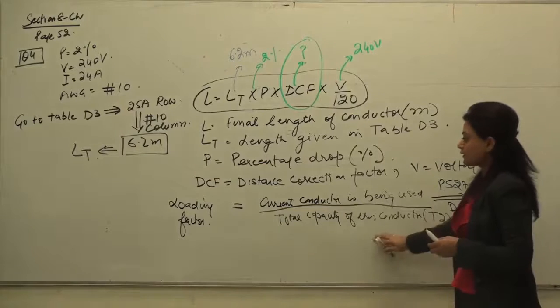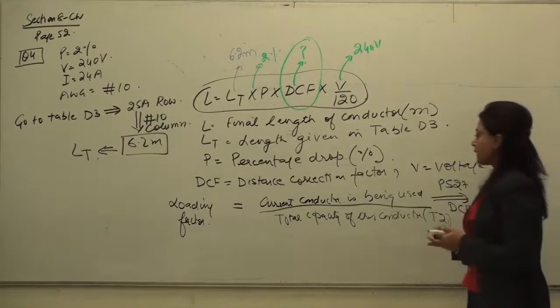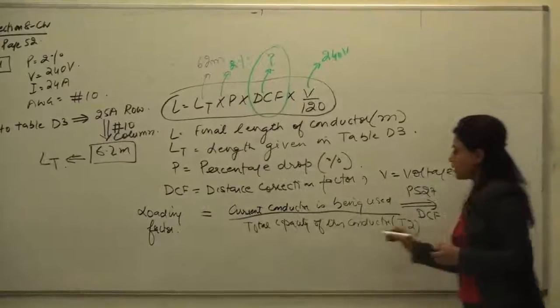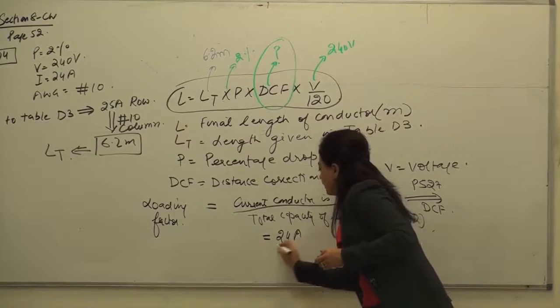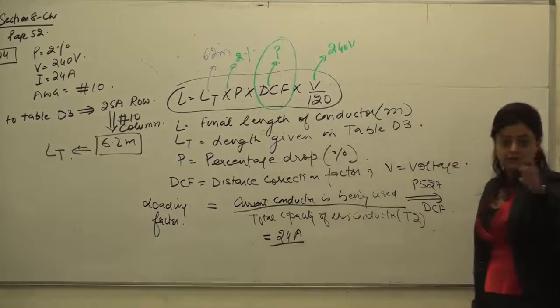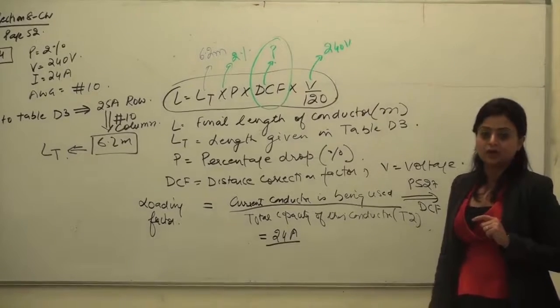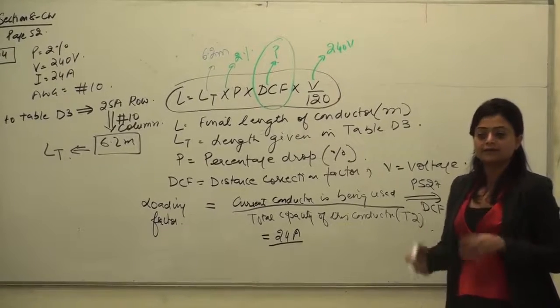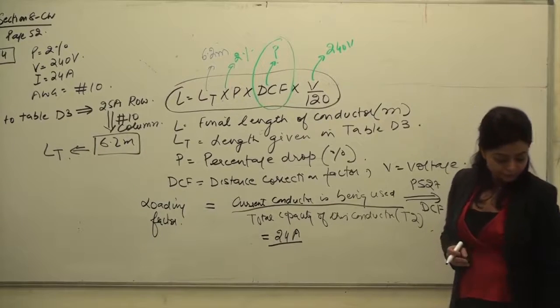As I said, the first thing you gotta do is find your loading factor. Now, right now I'm using this conductor for what? 24 amps, isn't it? Based on table 2, Satinder, you're going to go to table 2, look for the 90-degree C column, and tell me what number 10 is good for, how much current it can carry.